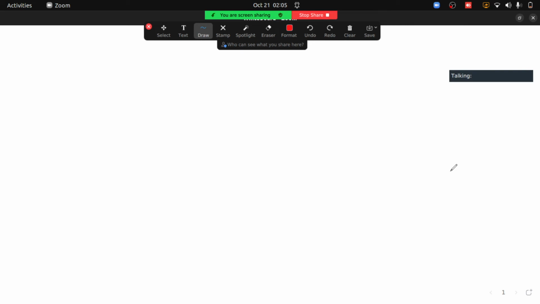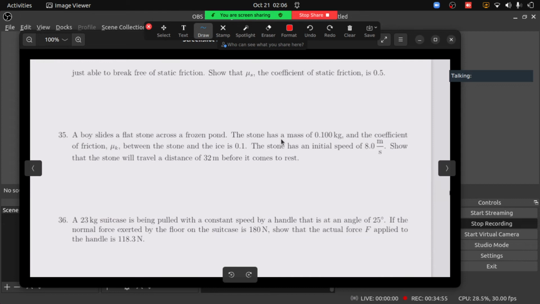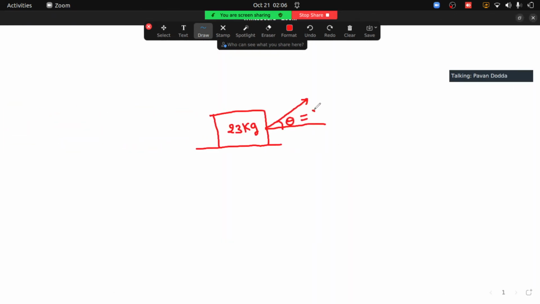Okay, so we have got to find the force acting, right? So let's do this. Once again, what's the mass of the block? 23 kilograms. This is 23 kilograms, and he's saying that he's applying some force at some angle, and let's say this is theta, and the theta value is 25 degrees.